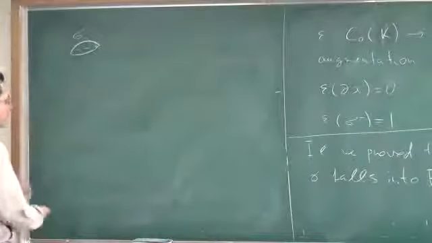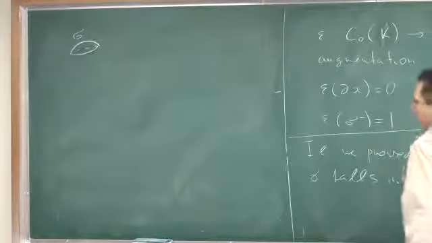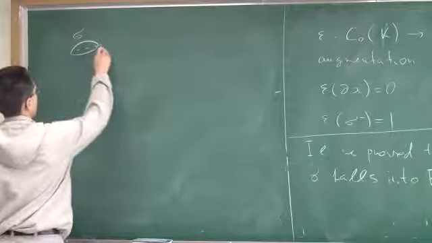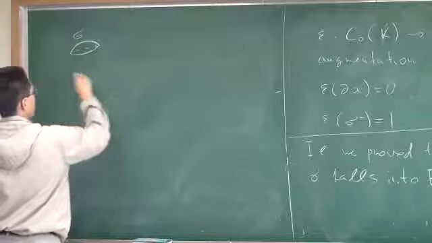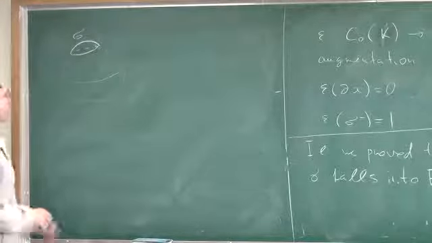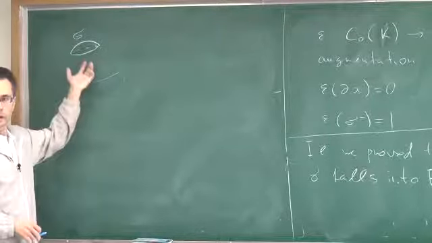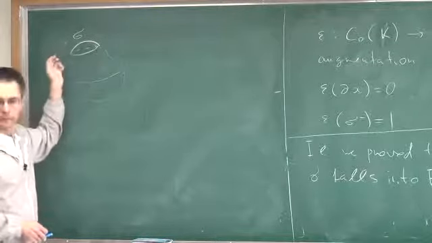For sigma to fall into some set E of two-dimensional cells, it means that you can complete it with something two-dimensional, in such a way that the boundary of this blue thing is almost the same as the boundary of sigma.